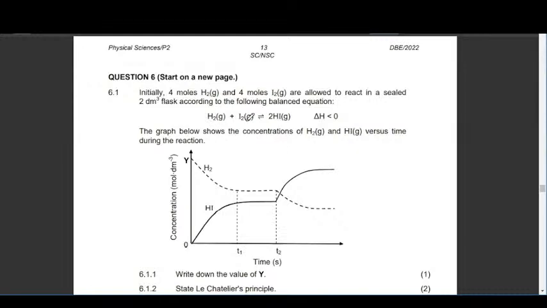Hydrogen plus iodine giving you hydrogen iodide. The enthalpy change is less than 0. So meaning that this reaction is exothermic. So we have to know that. Now they're saying the graph below shows the concentration of this and this versus time.